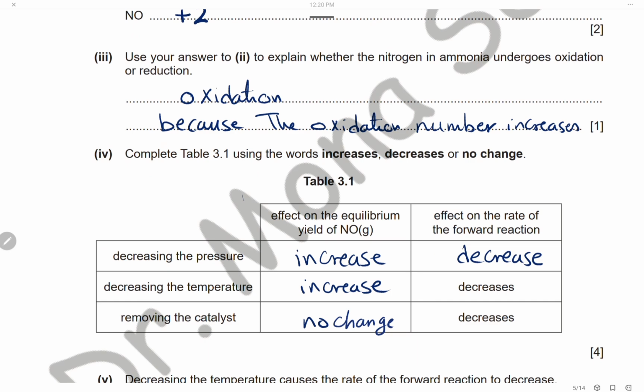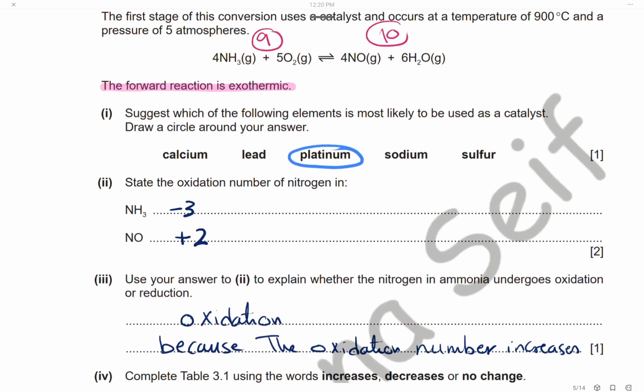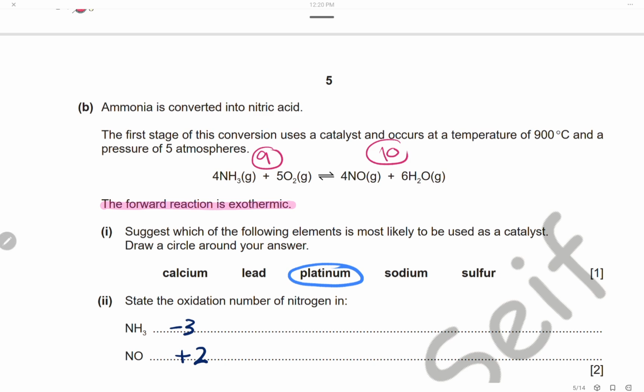Complete the table using the words increases or decreases or no change. The table gives the effect of decreasing pressure, first on the equilibrium yield of nitrogen monoxide, then on the rate of the forward reaction. To know the effect of pressure, we have to count the number of moles on each side. Here on the left side, we have 4 plus 5, we have 9 molecules, and on the right side, we have 10 molecules.